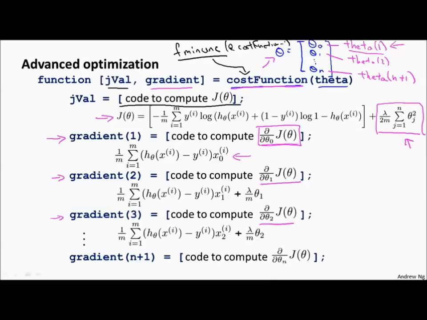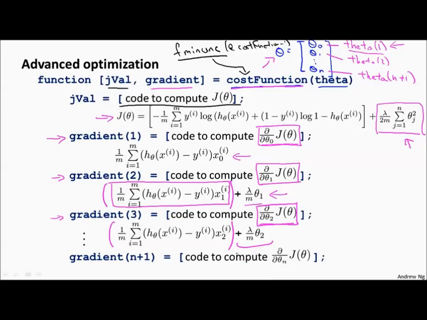In particular, the derivative with respect to theta 1, which we worked out on the previous slide as well, is the original term plus lambda over m times theta 1. We can add parentheses here so the summation doesn't extend. Similarly, this other term looks like this, with the additional term from the previous slide that corresponds to the gradient from the regularization objective.